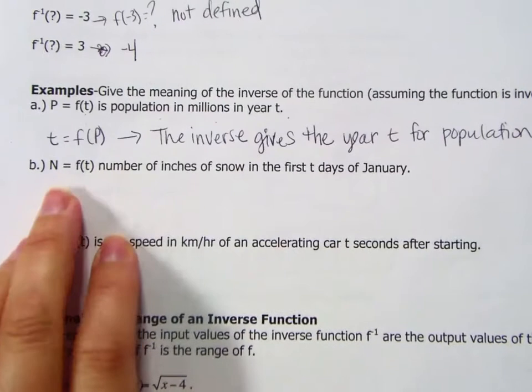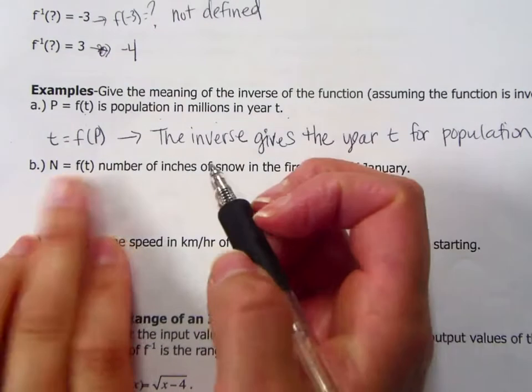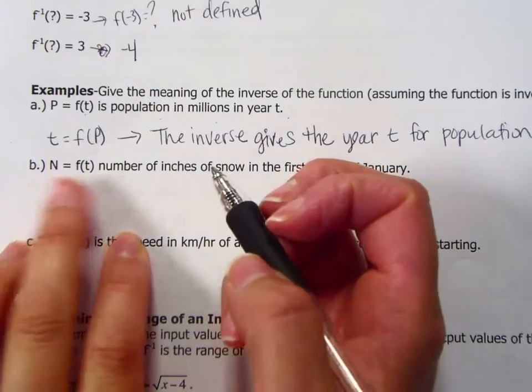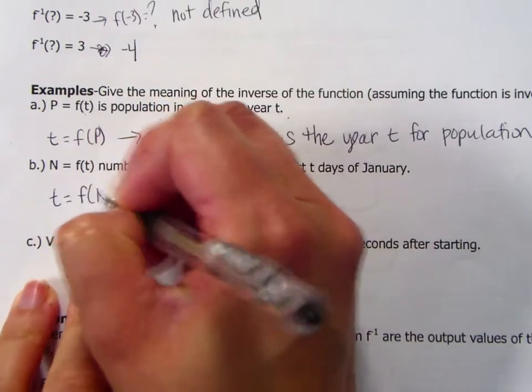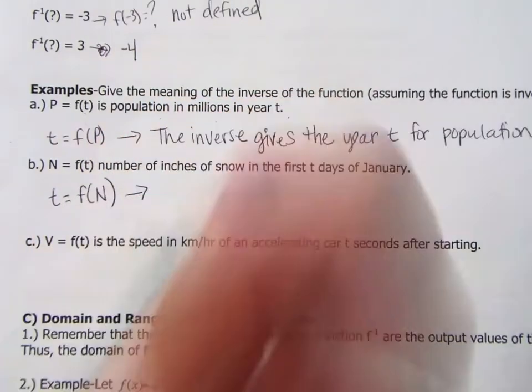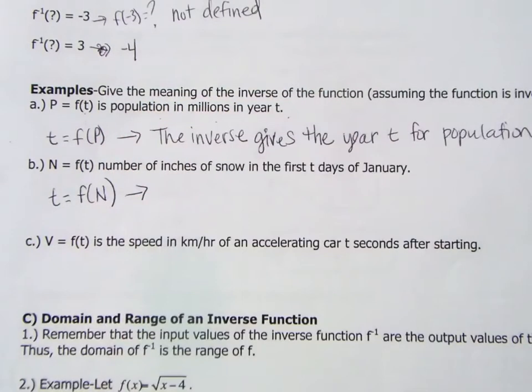Okay, let's think about the inverse for the second one. So I'm literally just flipping my input and my output. So T now equals F of N. Jessica, what is the meaning of that inverse function?